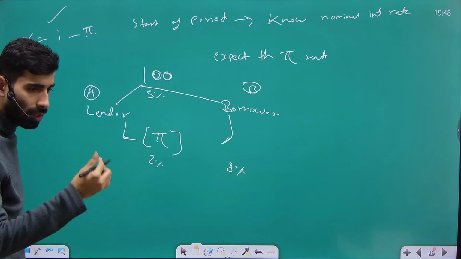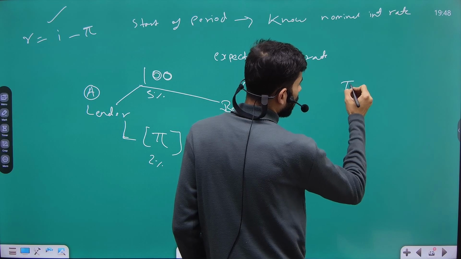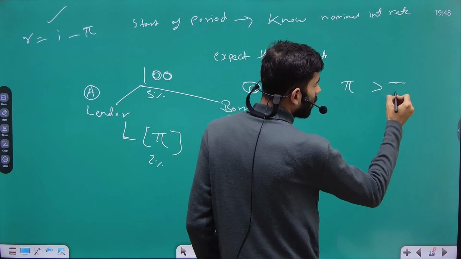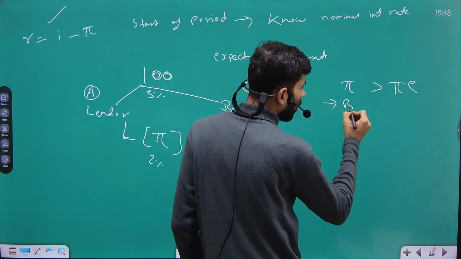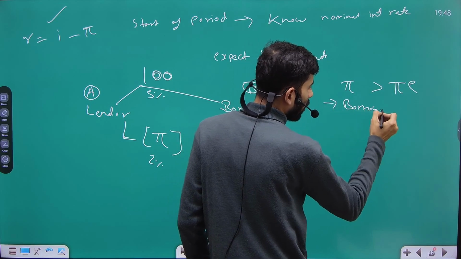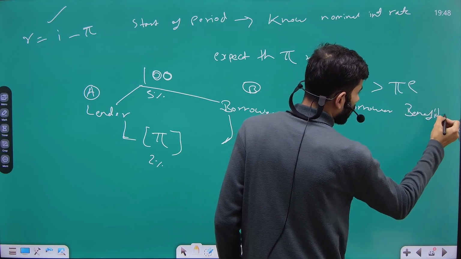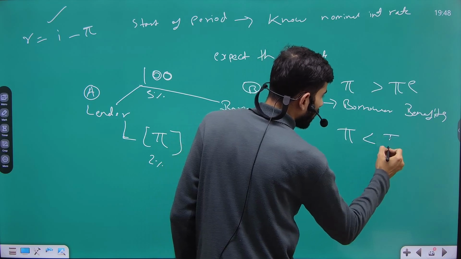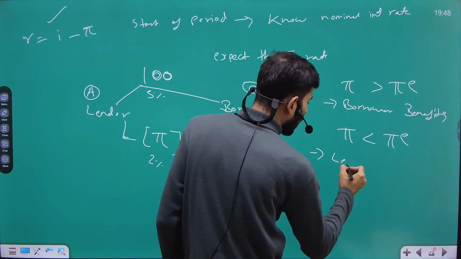So usually there is a law which says that if the inflation rate is greater than expected inflation, then the borrower benefits. And if the inflation rate is less than expected inflation, then the lender benefits.